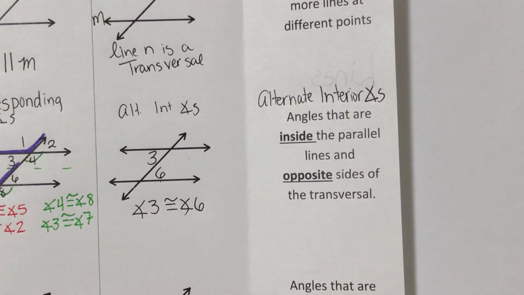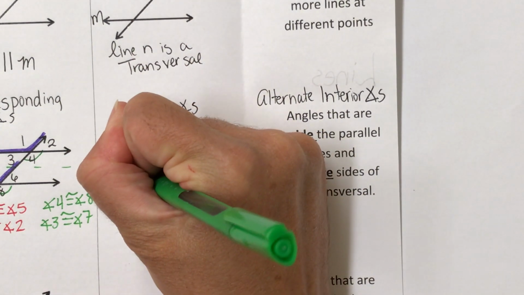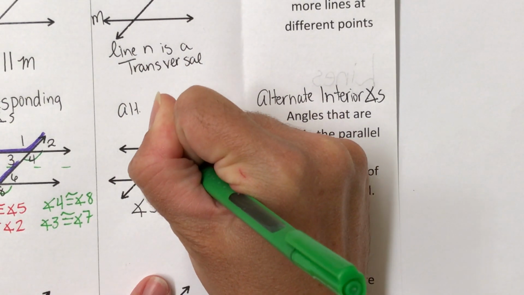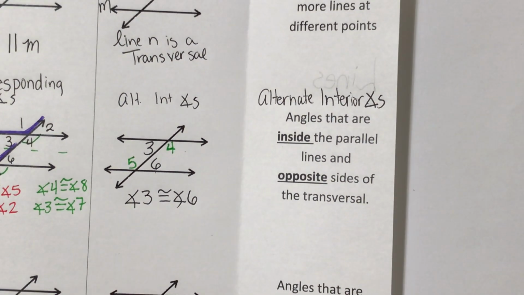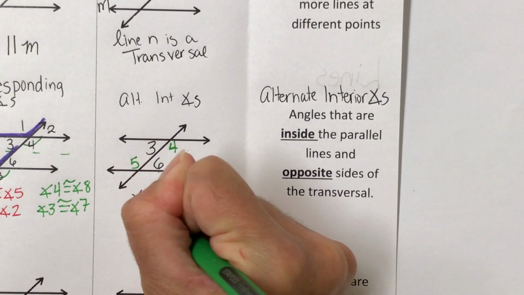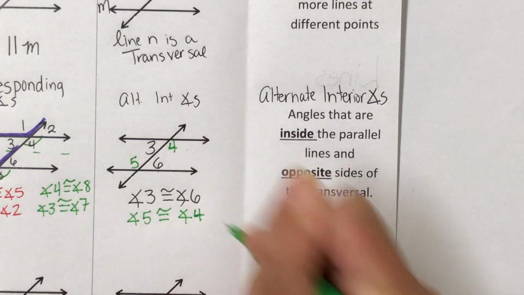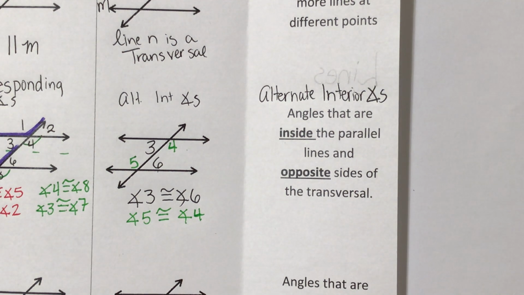Okay, so another set of alternate interior angles would be angle 5 and angle 4. Angle 5 is congruent to angle 4. They are alternate interior angles. So alternate interior angles are congruent.